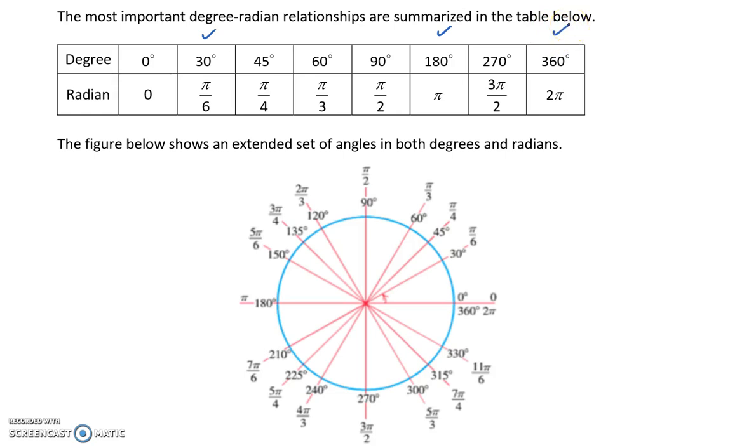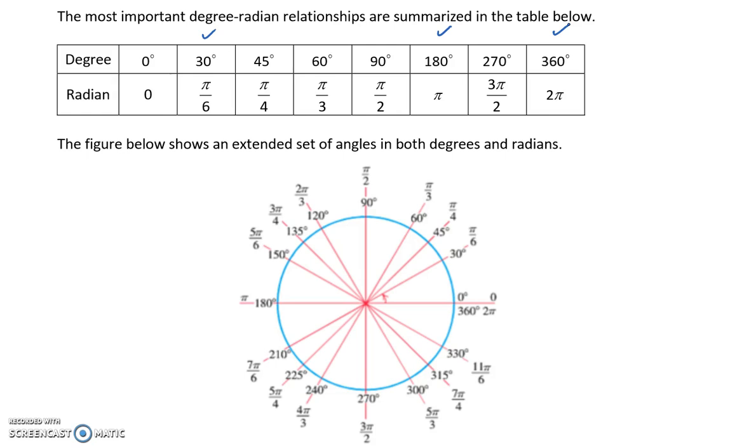You will need to know these relationships. You should not have to think too hard about them; you should basically memorize them. You can also see in relation to a circle where the angles would be located, and again the correspondences between degree and radian measure.